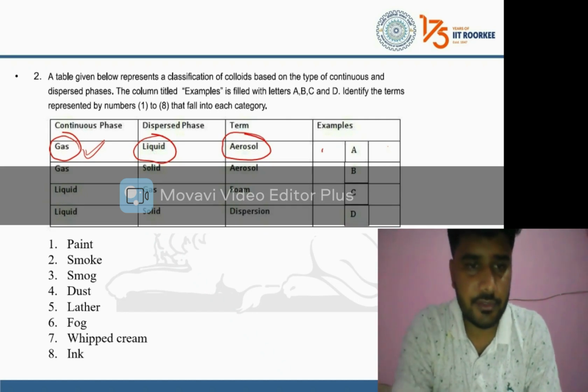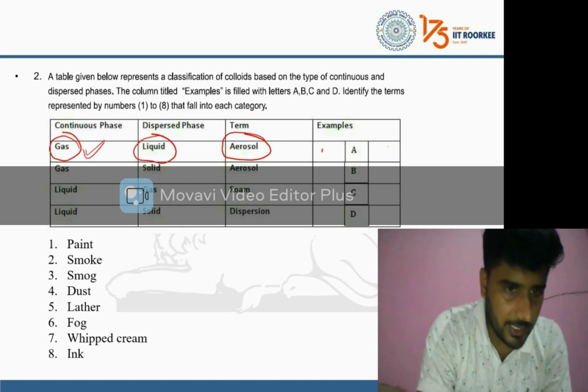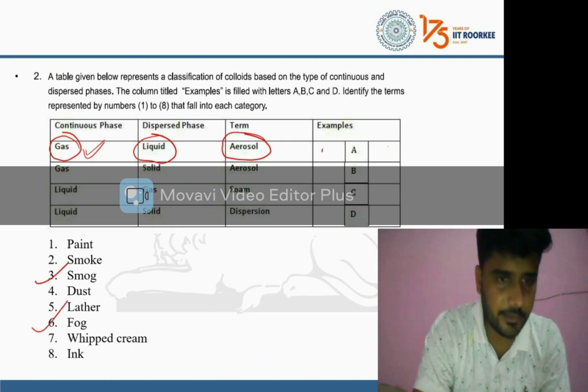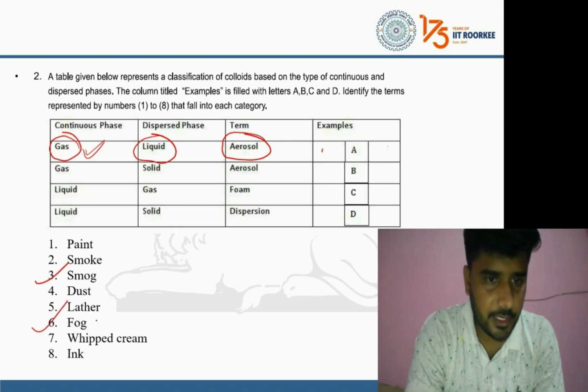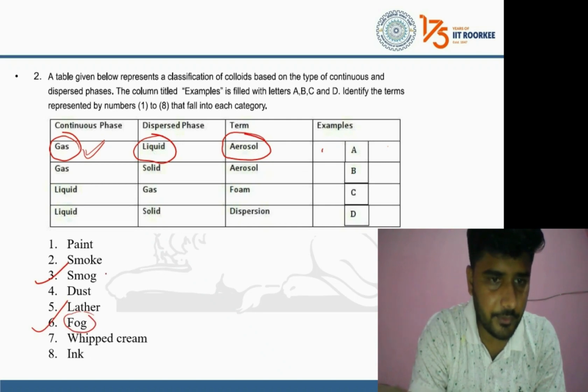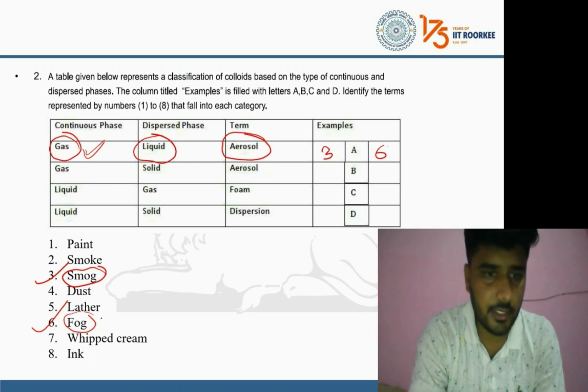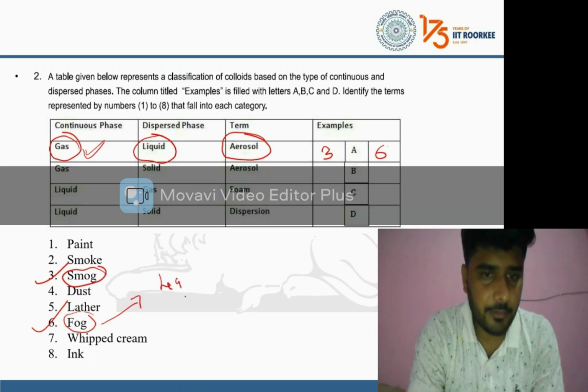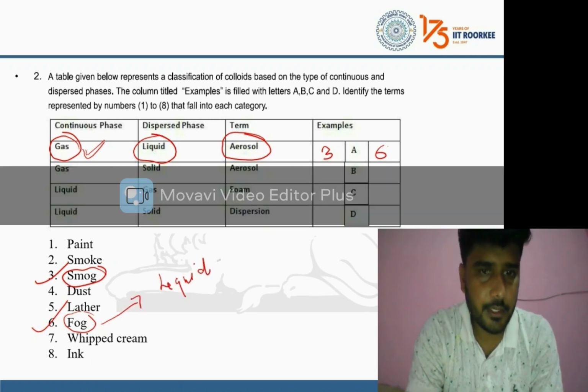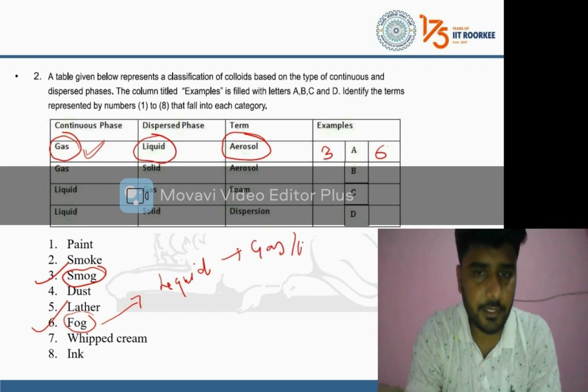So you have to select the example; everyone knows smoke and fog. There are two examples for this. So you have 3 and 6, because in fog there are liquid droplets dispersed in gas or air.